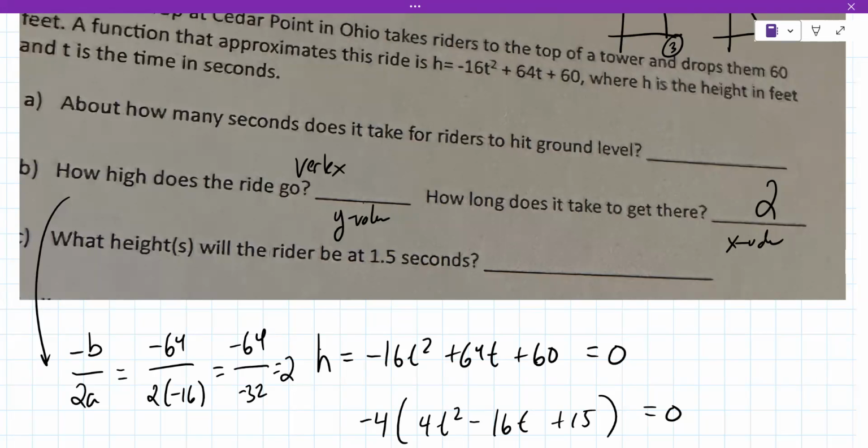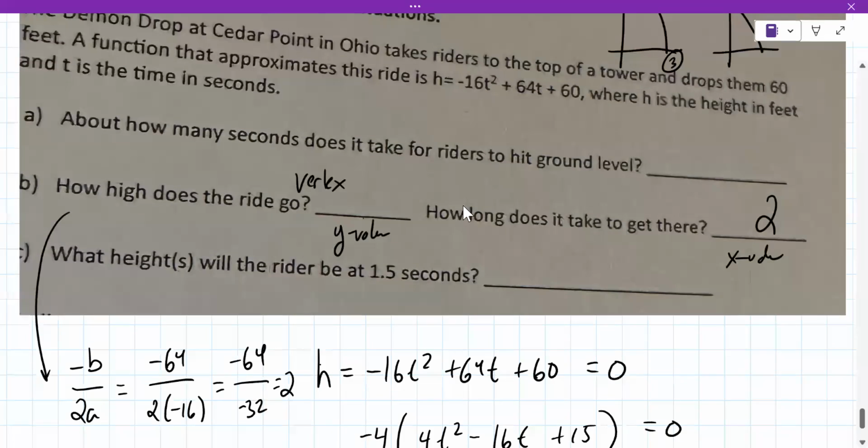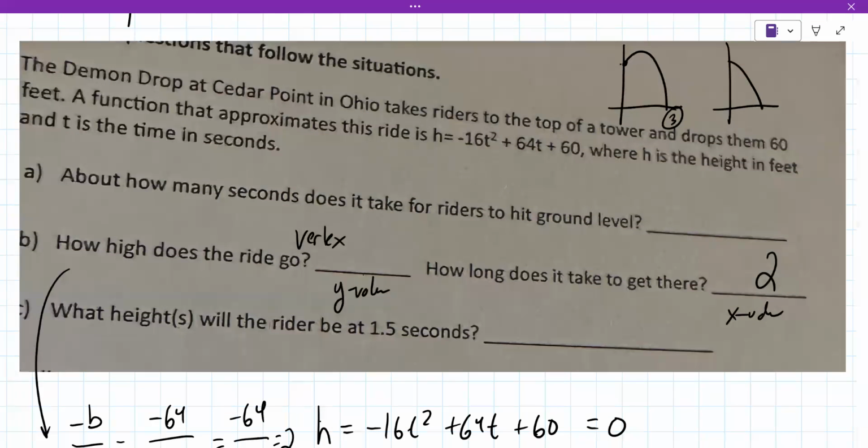Okay. So then I plug in 2 back into the equation. The original, yes. So then let me pull up my calculator. Negative 16 times 2 squared plus 64 times 2.